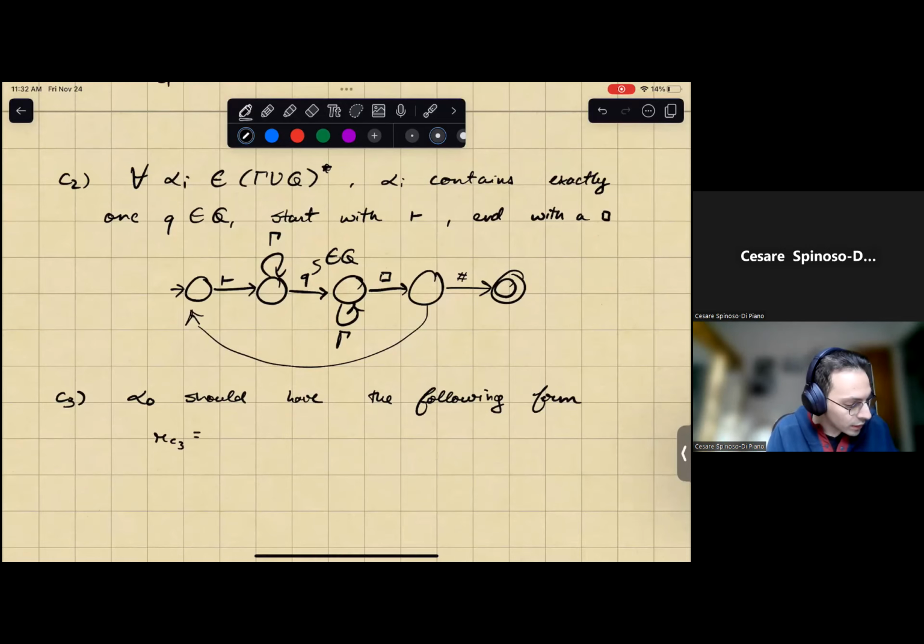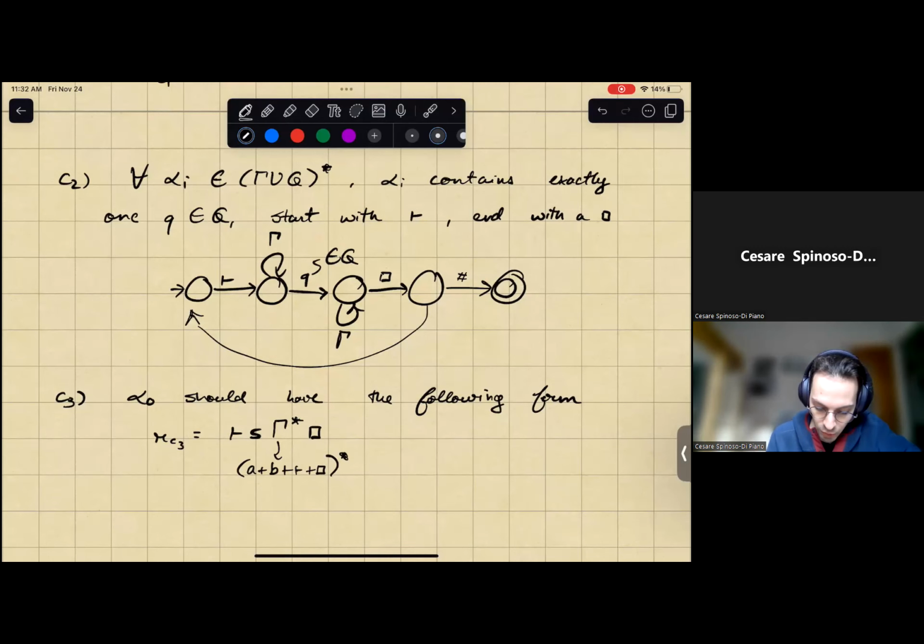It will be the dash, then a very particular state, the start state, and then some string over gamma. Let me abuse notation again and use gamma star, but this just means, if gamma is a, b, the dash, and the blank, that whole star. And then it should end with a blank.